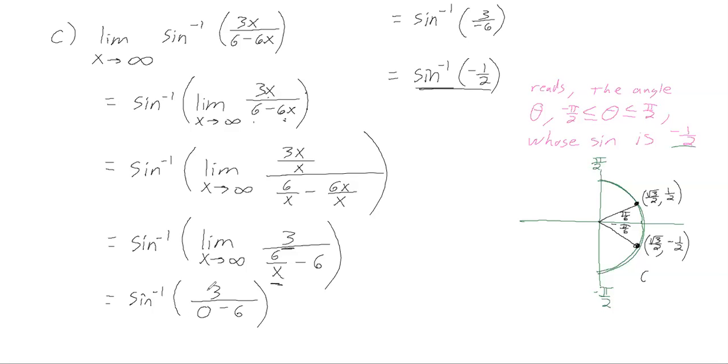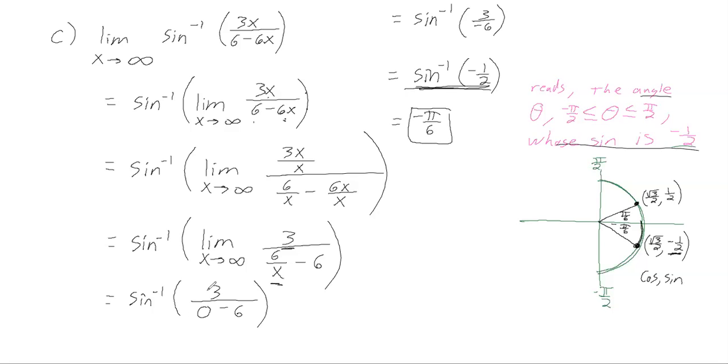These run cosine comma sine. Where do I have the angle whose sine is negative 1/2? That's right here. Which angle is that? Negative pi over 6.